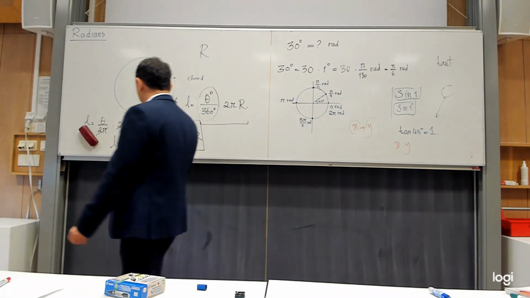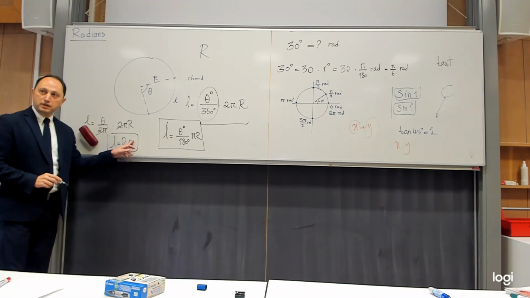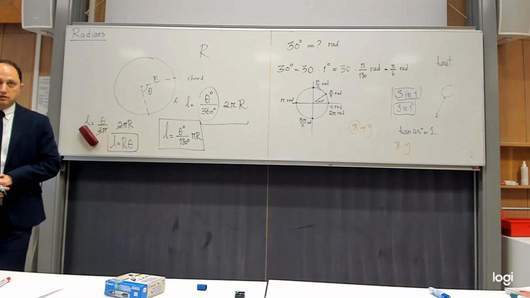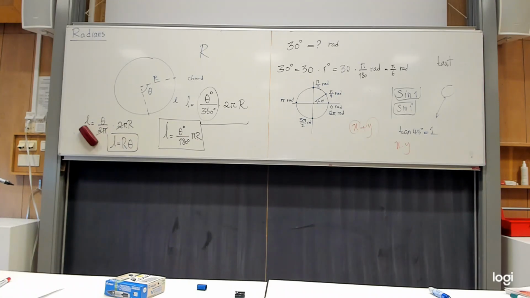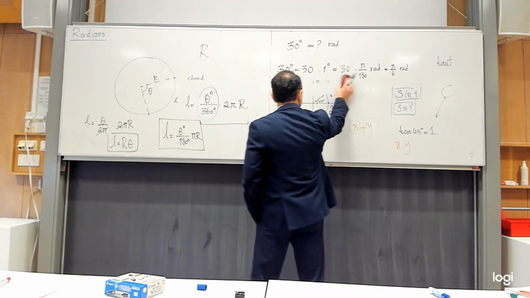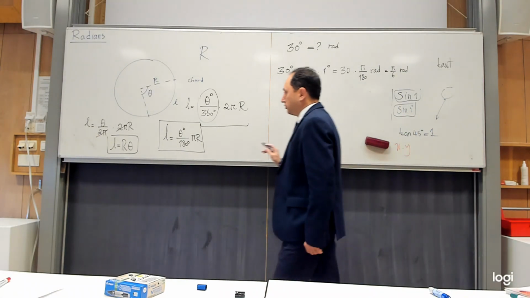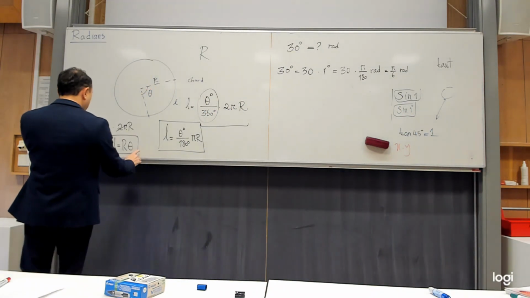Don't worry, if I don't put a unit for the angle, it's always in radians. So just get used to that convention. This is a very important formula, so I really want you to learn that.